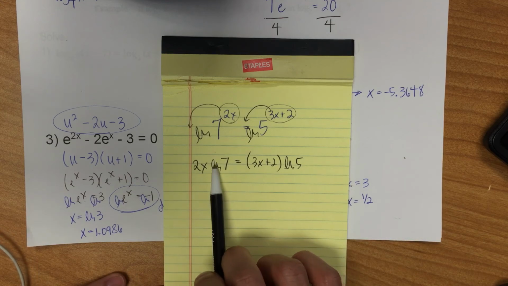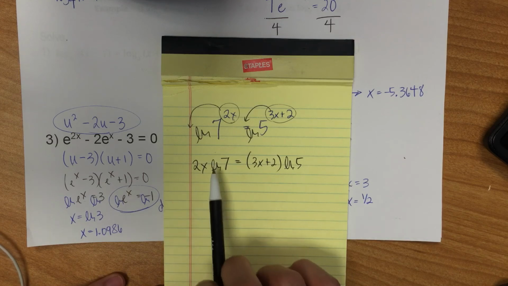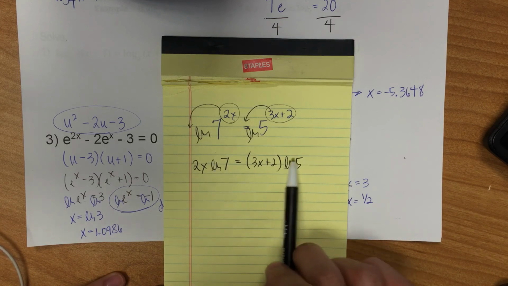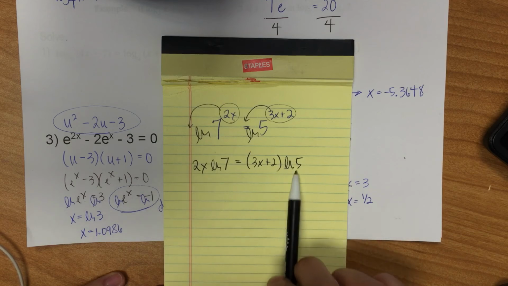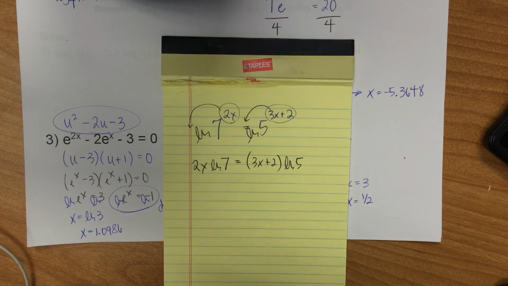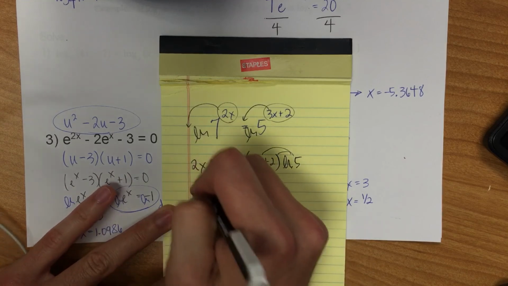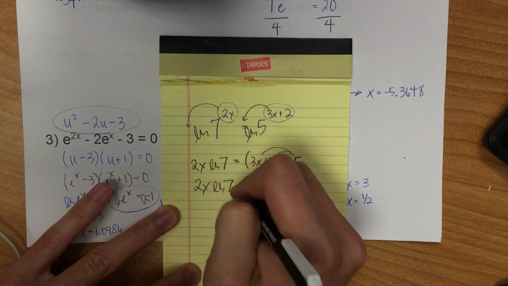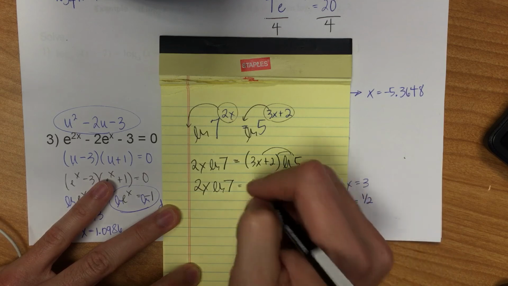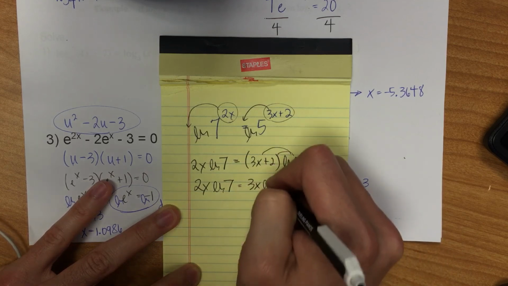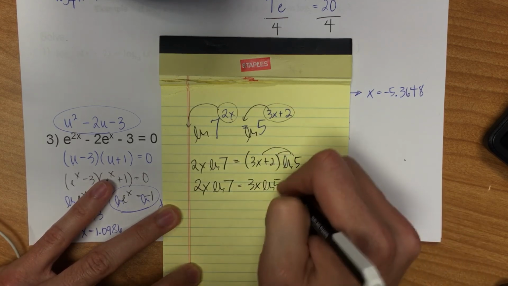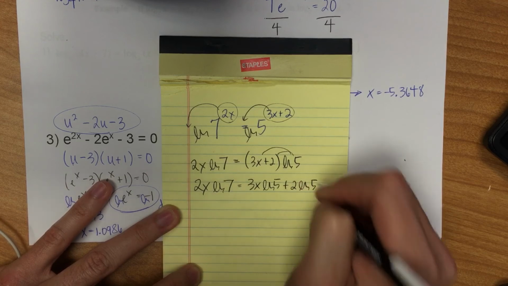If you really wanted to, you could change it to a rounded decimal right now. I'm not going to. All I'm going to do is distribute into the parentheses. 2x natural log of 7 equals 3x natural log of 5 plus 2 natural log of 5.